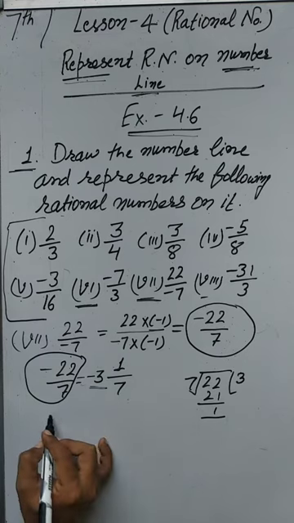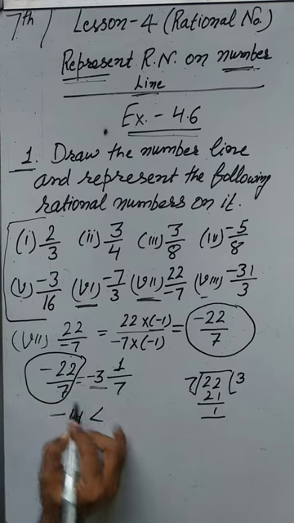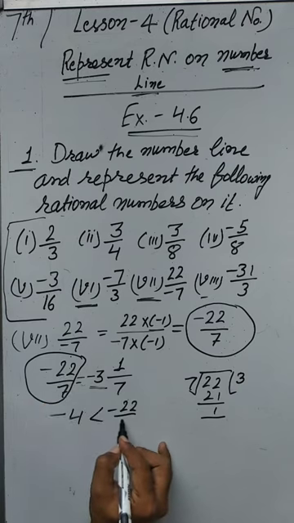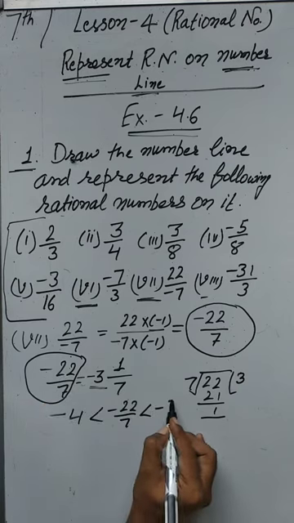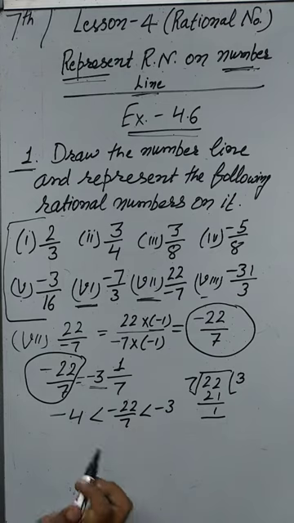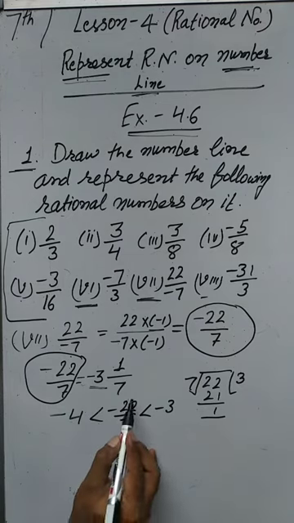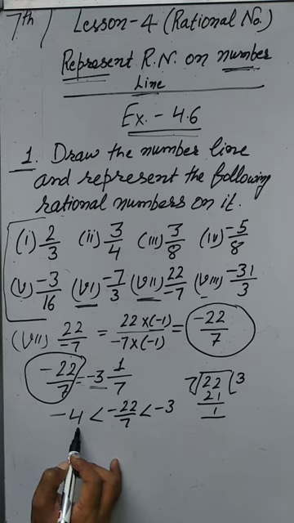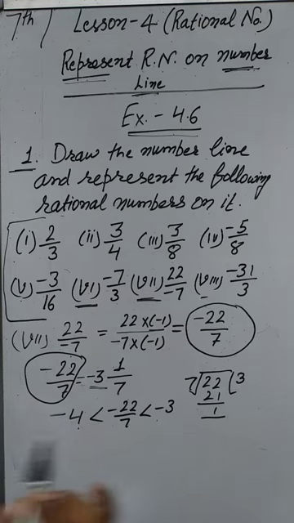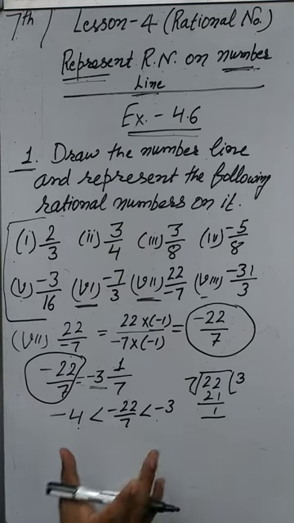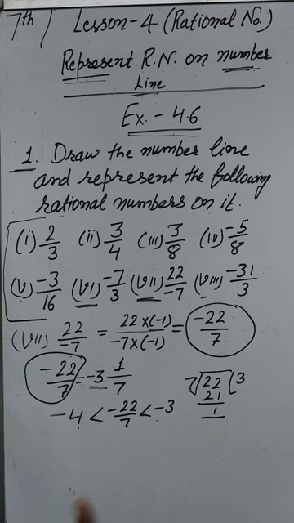Clearly, that rational number is: minus 4 is less than minus 22 upon 7, which is less than minus 3. On the number line, minus 22 upon 7 is greater than minus 4 but less than minus 3. Clear? We have to work only on the portion between minus 3 and minus 4.